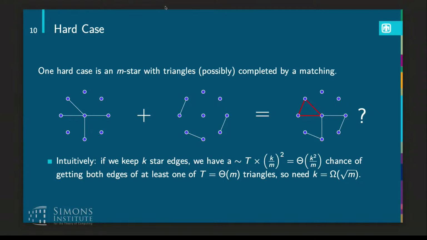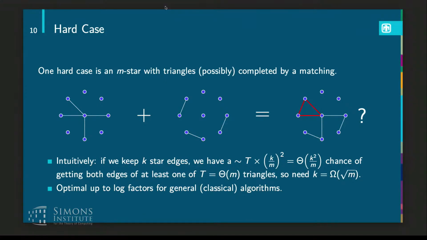Since we're assuming there are Theta(m) triangles, that means you'd need k to be about root m. This is the same birthday paradox situation we talked about before. And you can prove that this is classically optimal up to a log factor by reducing to Boolean hidden matching.